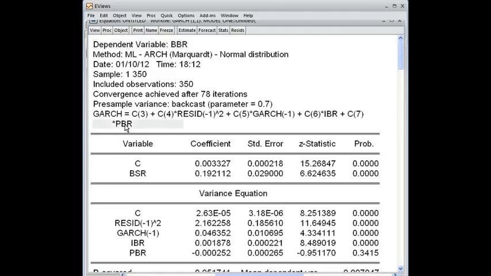And finally PBR is not significant. So the volatility in the PBR cannot transmit to Bangladesh bond return.